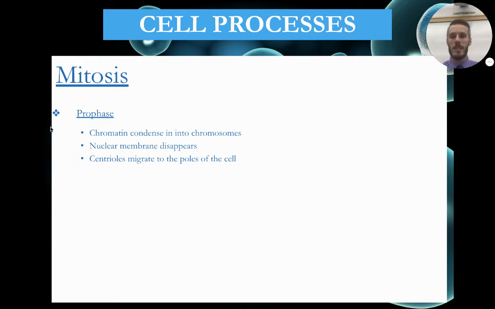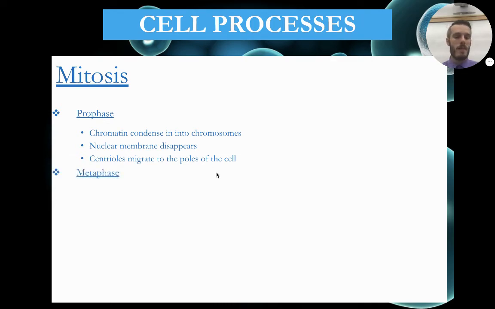Suitcase will make it a lot easier. Same idea here. So the chromatin is being condensed into chromosomes so that they can be transported more easily. The nuclear membrane will disappear, so that will release the chromatin as chromosomes out into the cell. And then centrioles, which you'll remember is one of our organelles, will migrate to the poles of the cell.